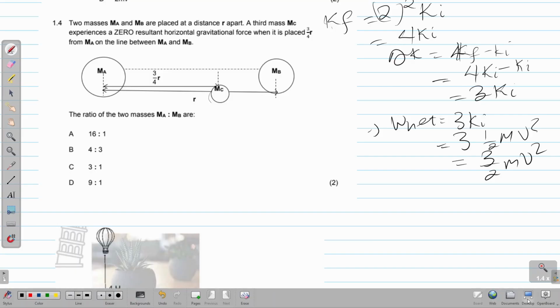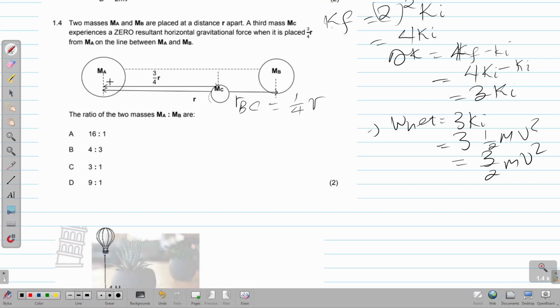You must first note that the distance between MA and MB is r, and the distance between MA and MC is 3/4 r, then the distance between B and C is a quarter r.